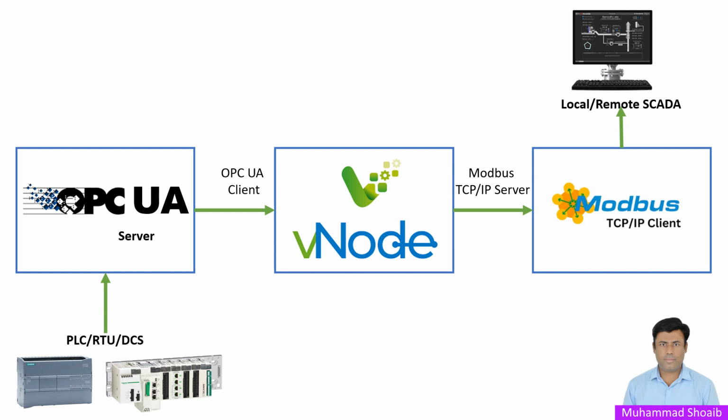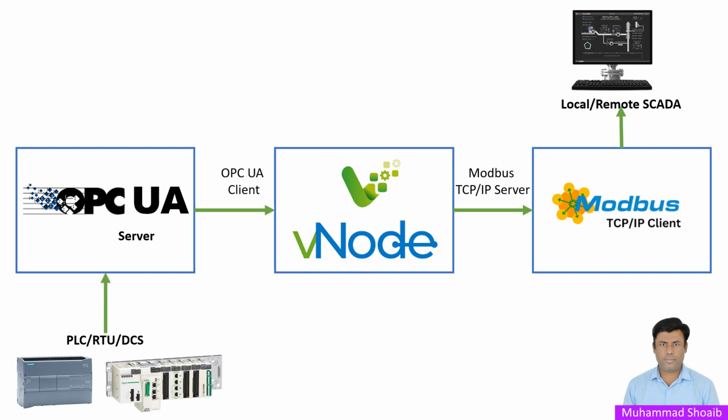We'll configure our controller as an OPC UA server, and then we configure vNode as an OPC UA client. So vNode as an OPC UA client will fetch data from the OPC UA server, that is our controller, our DCS, PLC, or RTU, whatever system is there.